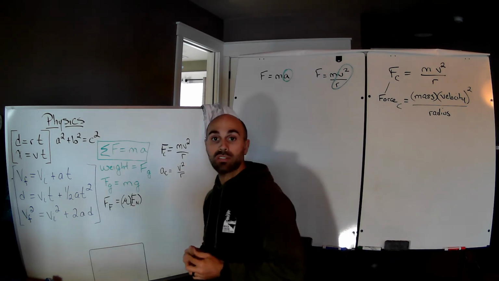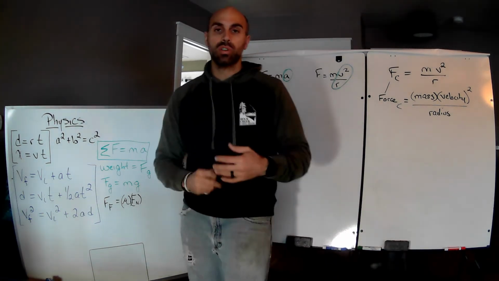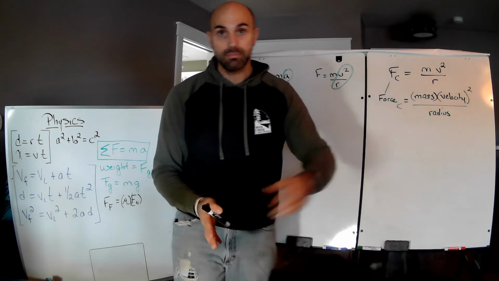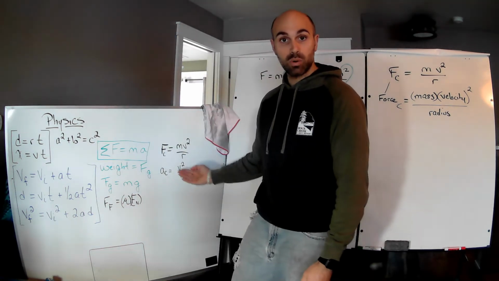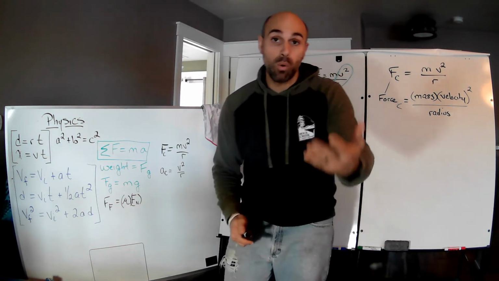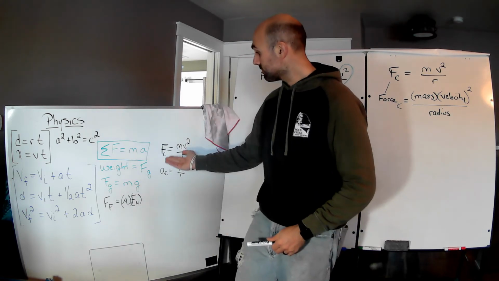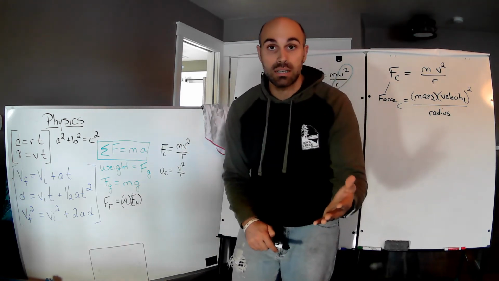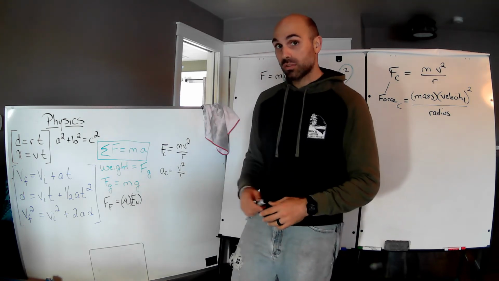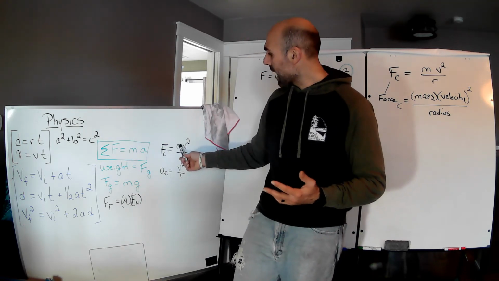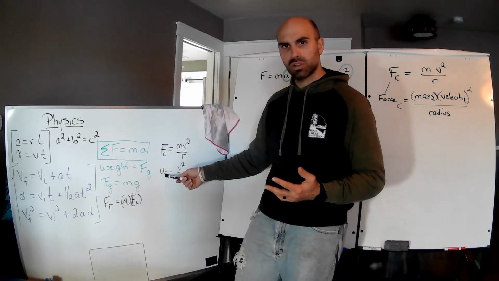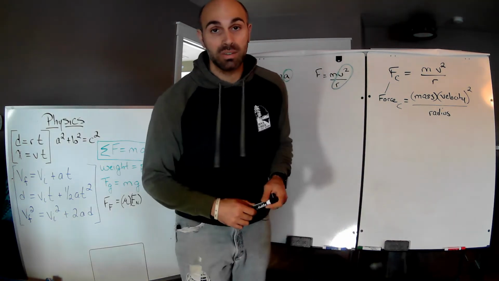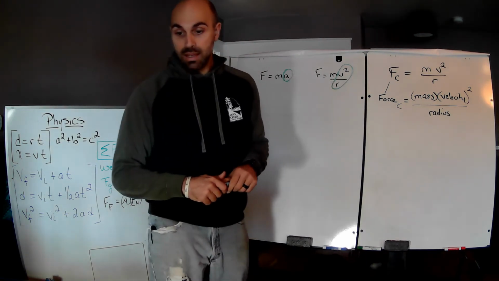So if you're ever asked to find the circular acceleration, or the acceleration when a car moves around a corner, right there, v squared over r. What is the force acting on the car? Fc equals mv squared over r. There's another little one, right? If you had to find the force, couldn't you just do mass times the circular acceleration if you already have it? We'll go through those in some examples in the next class.